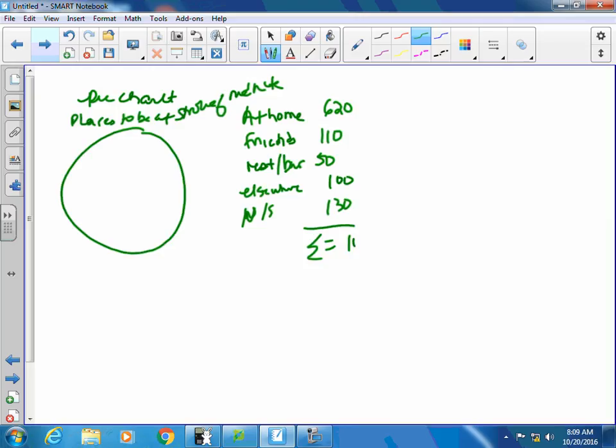Ten. Thank you. Okay, so to find my percentages, and I don't need an angle unless you like to work with an angle, we just take the part over the whole. Go 3 decimal places. The part over the whole, unless it terminates.